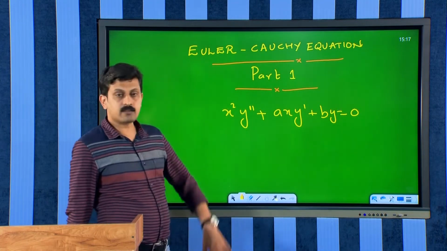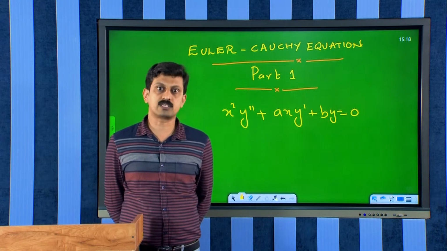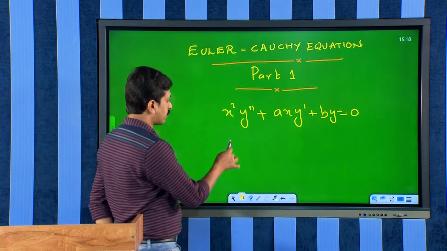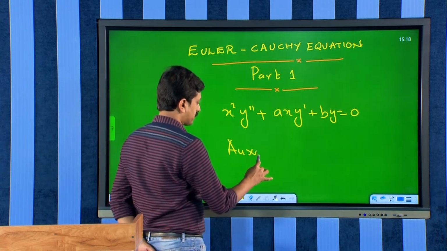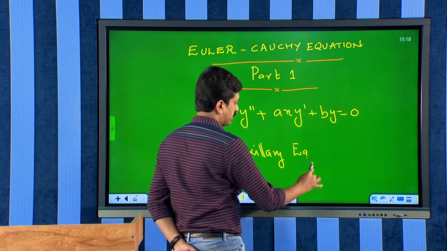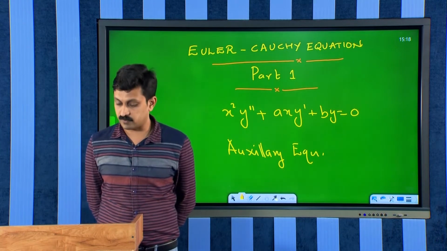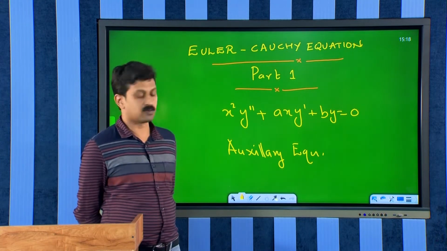In the previous session, for the second order linear homogeneous differential equation with constant coefficients, we used the concept of the auxiliary equation. Similarly, here we have an auxiliary equation for this differential equation also.